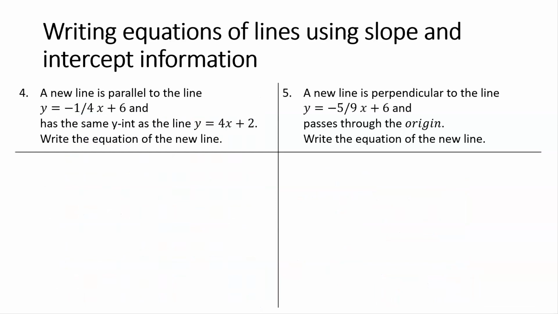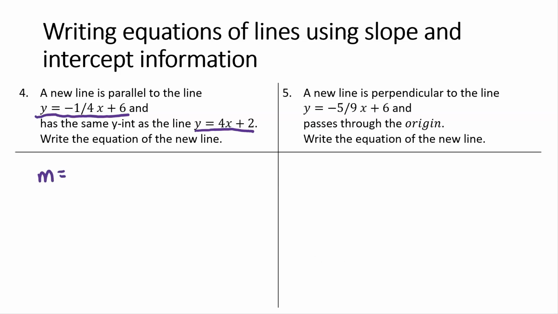Okay, for 4 and 5, we're going to use the information given to us in order to write an equation of a new line. So number 4 says, we have a new line that is parallel to some original line that has this equation, and the new line has the same y-intercept as the other equation. What's the equation of the new line? Well, what's the slope of the new line?